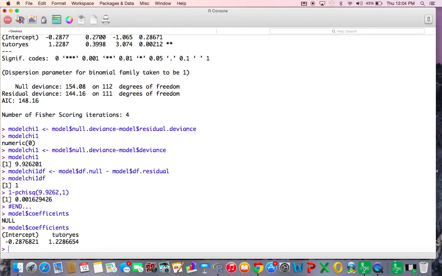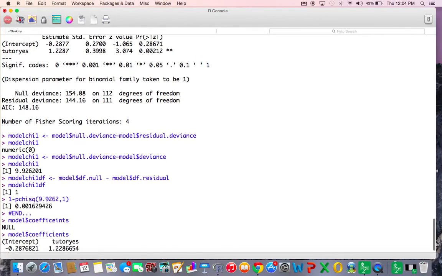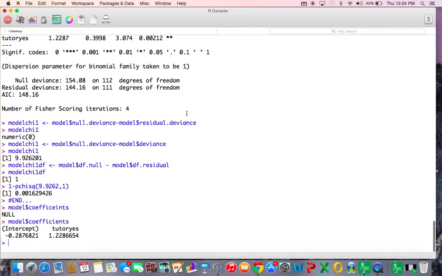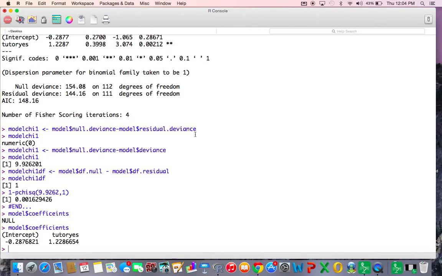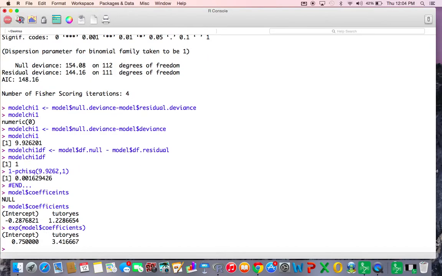What it'll do, it'll give you the coefficients of the model as we saw up here without standard error and test statistic and p-value. And if we want to do the exp of model coefficients, we can get this, and we can see that the 3.42 that we calculated not only by hand and not only by raising e to the b power, we can see that R gets us these values very quickly and very efficiently.